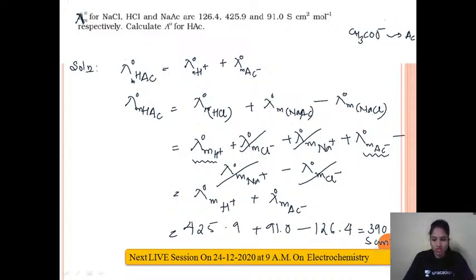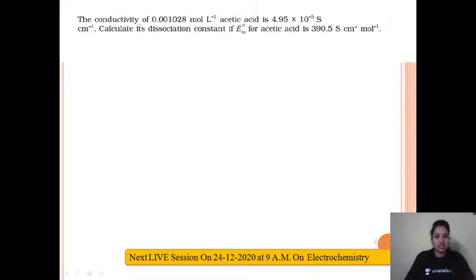Yes. So coming to the next question: the conductivity of 0.001028 mole per liter of acetic acid is 4.95 into 10 raised to minus 5 Siemens per centimeter.